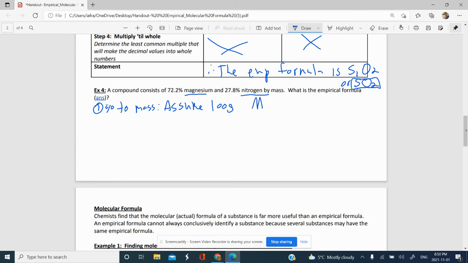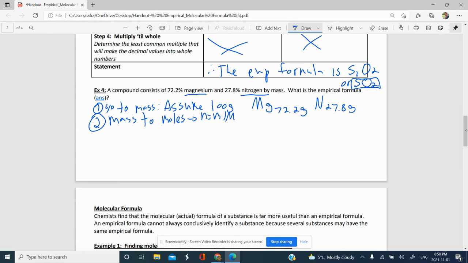So I have magnesium, and it's going to be 72.2 grams because of the assuming 100 grams there, and nitrogen, 27.8 grams because of the assuming 100 grams. Next, I'm going to do mass to moles by doing n is equal to m over molar mass.